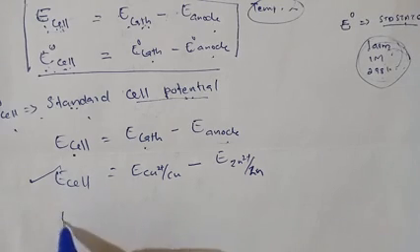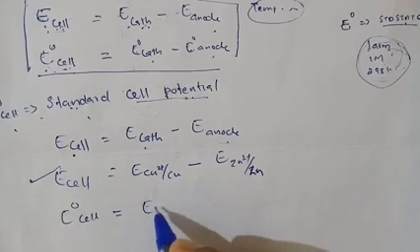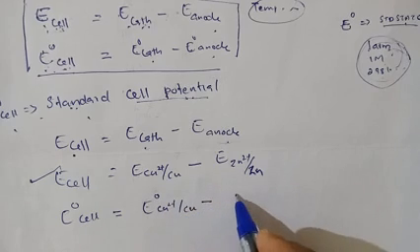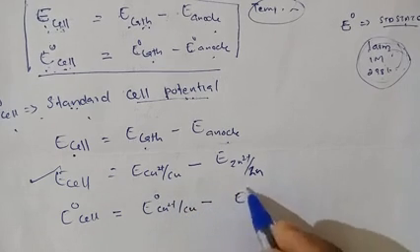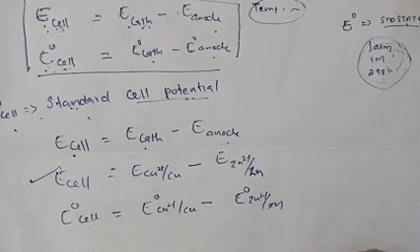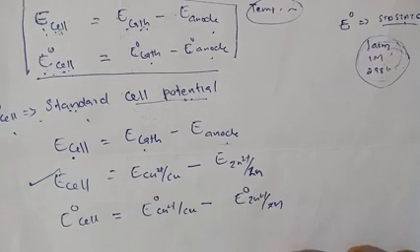Now if I write E0 cell equal to E0 Cu2 plus bar Cu minus E0 Zn2 plus bar Zn, what will be the value? Clear? So these two points are very important.